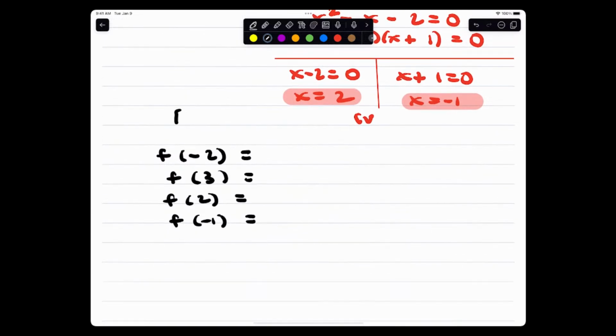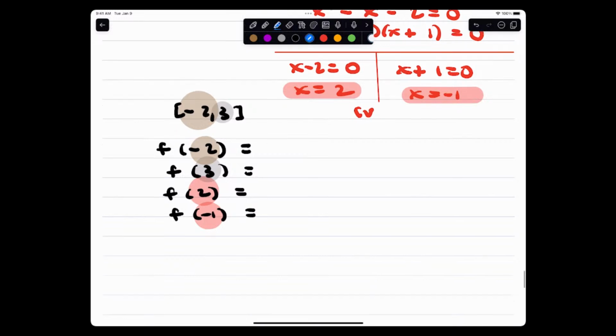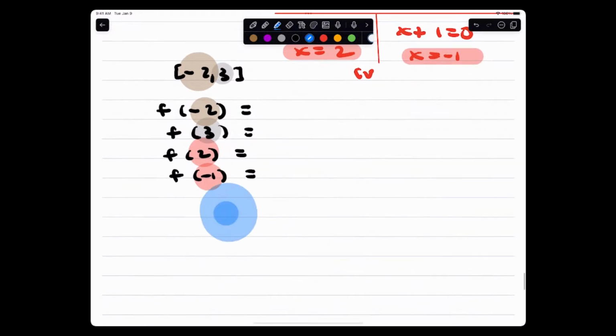Because remember, my interval is from -2 to +3. And notice that these critical values are in that interval, by the way. Whatever is the largest number is the absolute max. Whatever is the smallest is the absolute min.